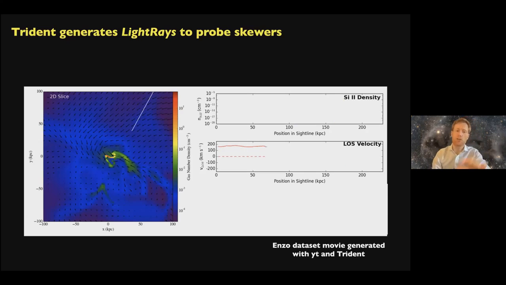We're looking at a simulation on the left side, the spatial two-dimensional slice through a galaxy simulation, and you can see as that sightline traverses that volume, as it encounters material, you can see a bump in the density on the top profile. I arbitrarily chose silicon 2 as the particular ion to look at, and then the line of sight velocity of the gas as we're probing through this volume as well. So you can probe that sort of thing with any of the fields that you care to from the simulation data, but most obviously this is appropriate for specific ions.